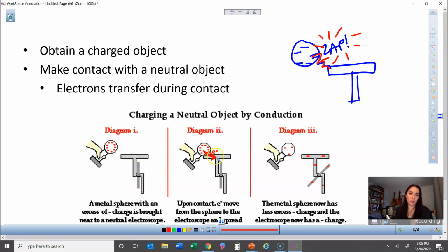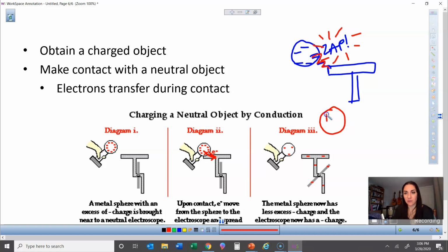Here's an example, an electroscope. You touch the electroscope. Now the electrons want to leave here because there are too many. They want to spread out, so they'll go here, and this now has charge because it received the extra charge from here. And that's pretty much it. It's pretty easy, and it doesn't have to be negative. It can be positive.